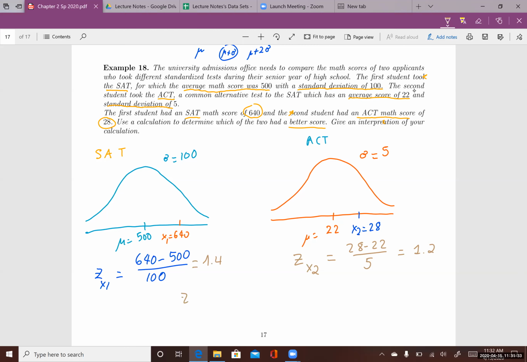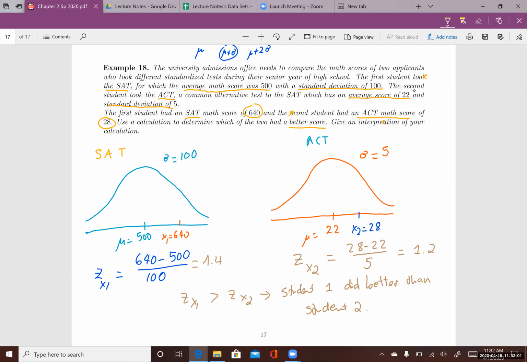Since z of x1 is greater than z of x2, student 1 did better than student 2, if you compare their scores within the same populations.